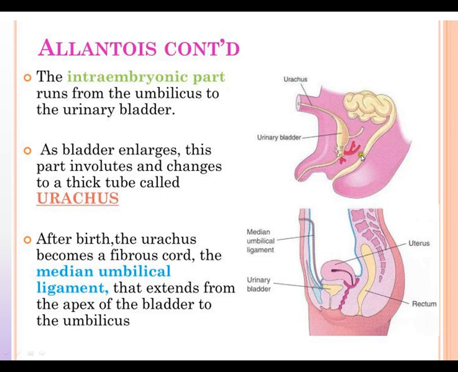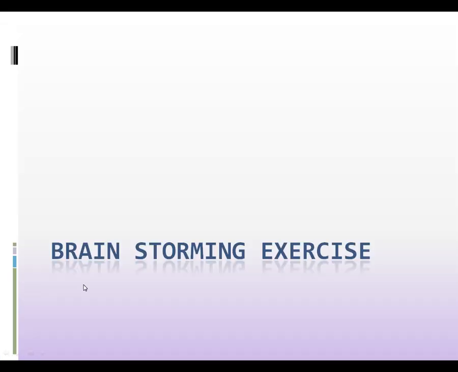In the future, it detaches from the cloaca, regresses to form a remnant called the urachus, and at birth this urachus degenerates and is converted into the ligament called the medial umbilical ligament.